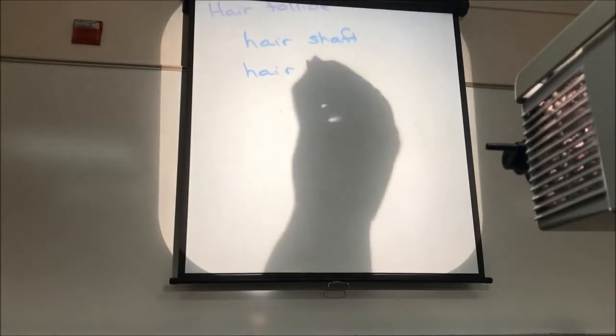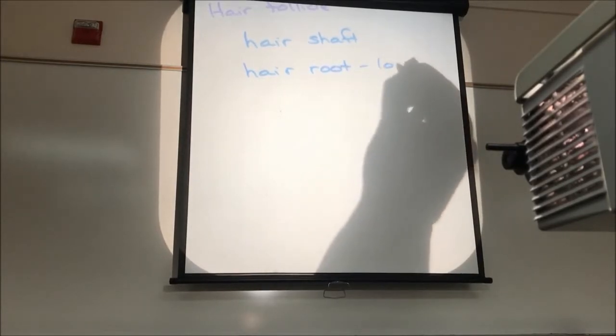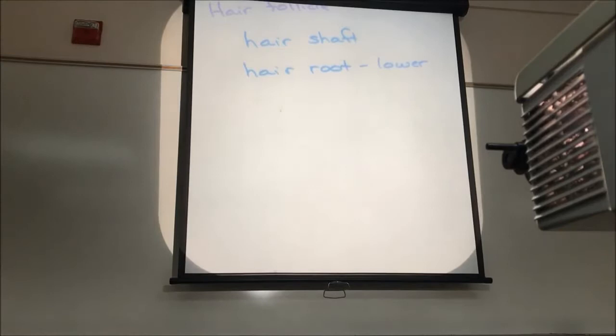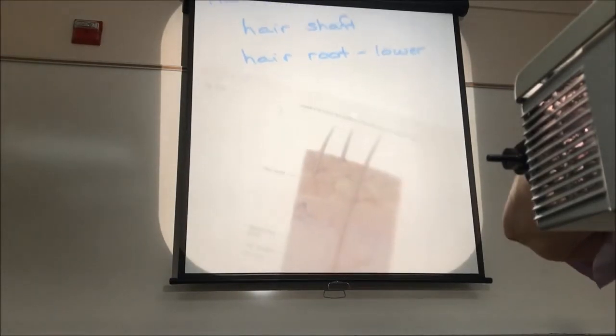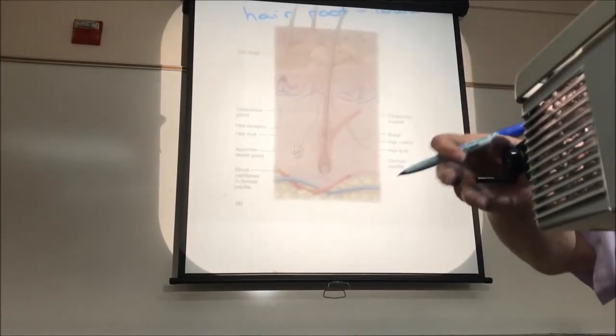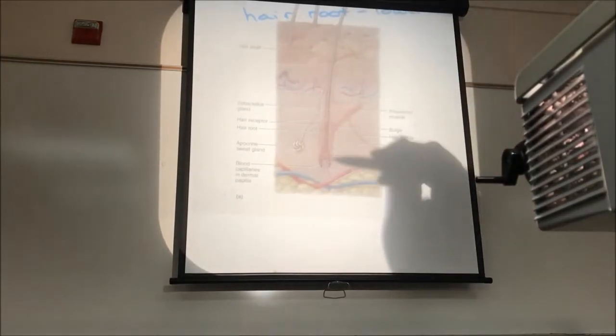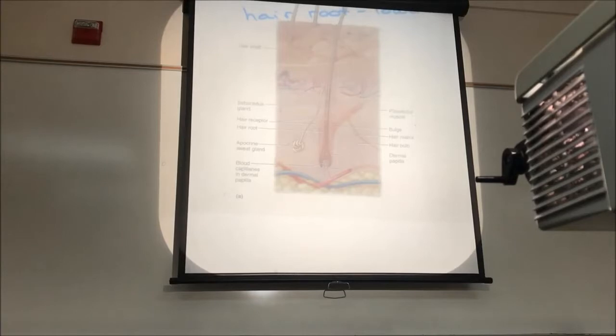The lower portion of the hair follicle is called the hair root. That's the part that is below the surface of the epidermis, down here. The hair is produced in a manner very similar to what we see with the epidermis of the skin.